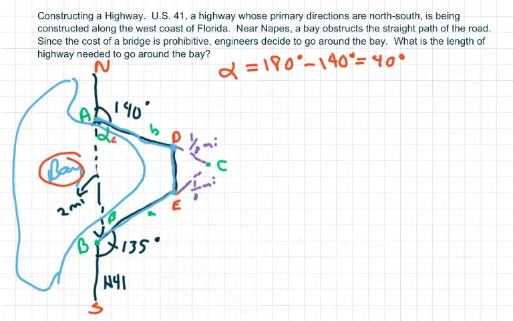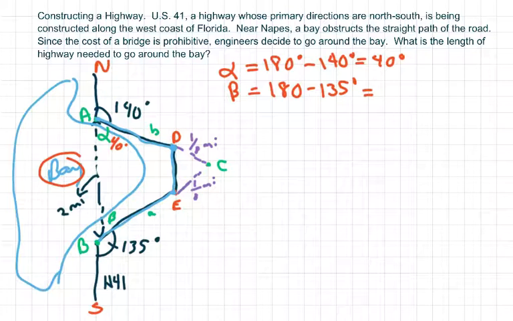So this is 40 degrees here, and this is going to get really sloppy. A lot of stuff on here. All right, and then beta is the same thing, 180 minus 135 degrees, so beta is going to be 45 degrees. So this is 45 degrees.